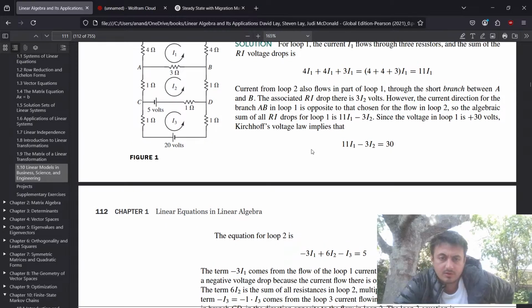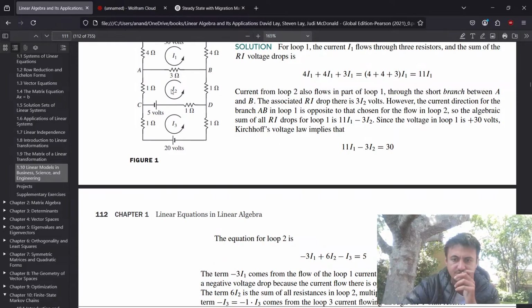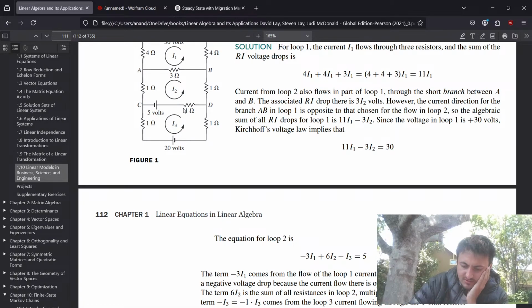Loop 2 now. Loop 2 is also going to be easy-ish, right? So there's only one voltage source in that loop. So it's going to be 5. Okay, so we're going to get 1, 2, 5, 6, so 6I2.